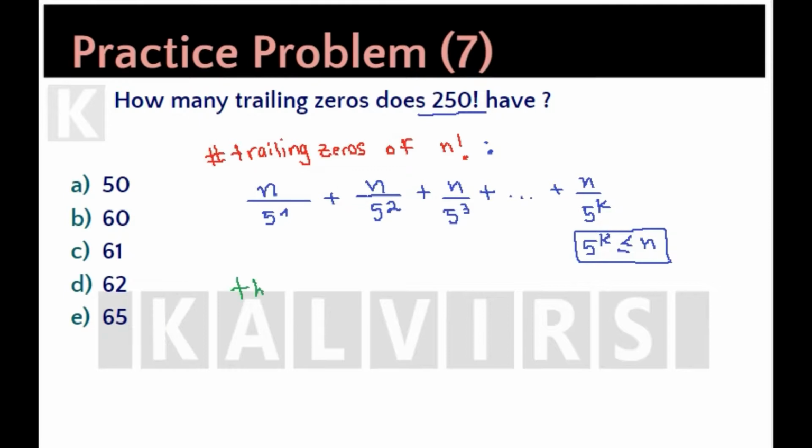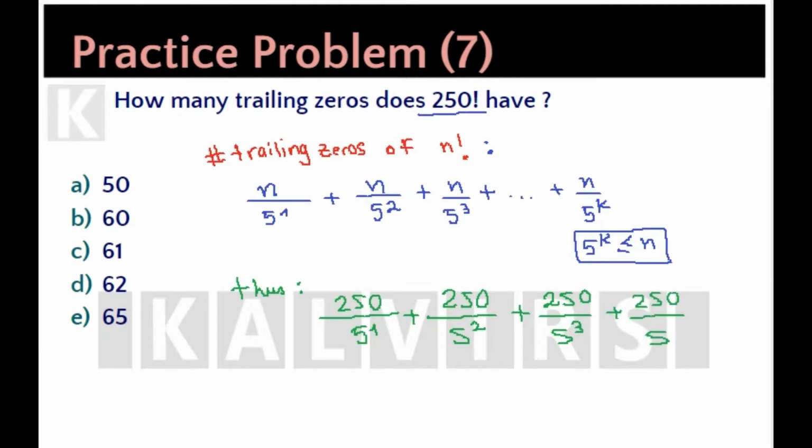Thus, the number of trailing zeros of 250 factorial equals 250 over 5 power to 1 plus 250 over 5 power to 2 plus 250 over 5 power to 3, and I cannot add 250 over 5 power to 4 since 5 power to 4 is greater than 250, so I will delete this one.